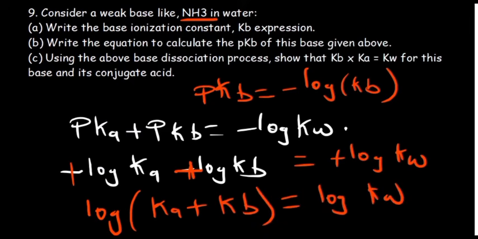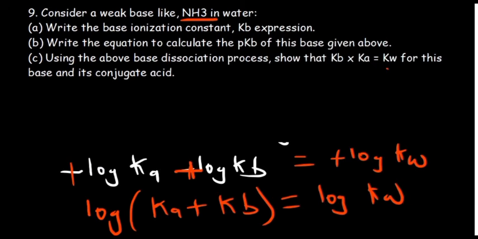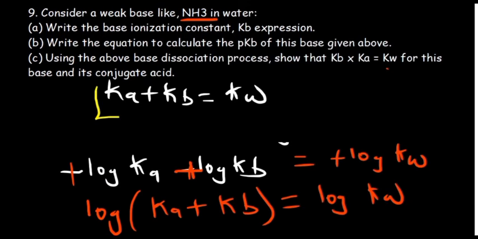Okay, so if we divide both sides by the log, we get Ka times Kb being equivalent to Kw. Okay, and that we've actually proven, we've shown that.